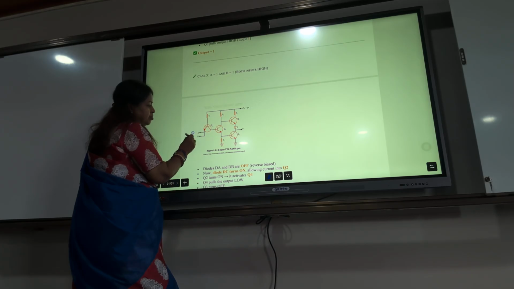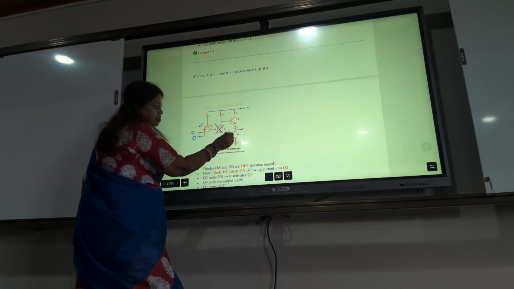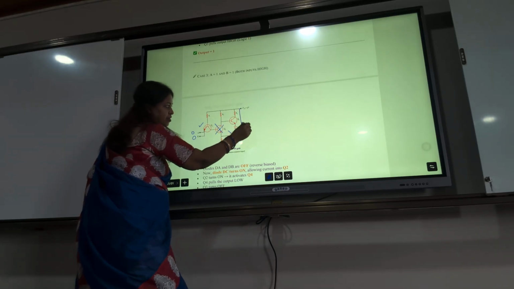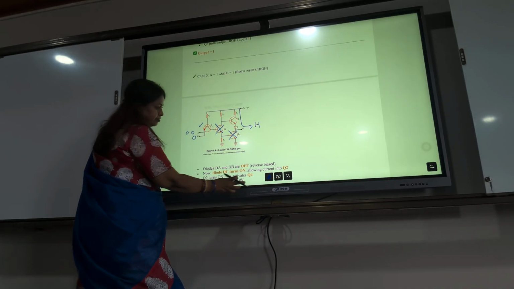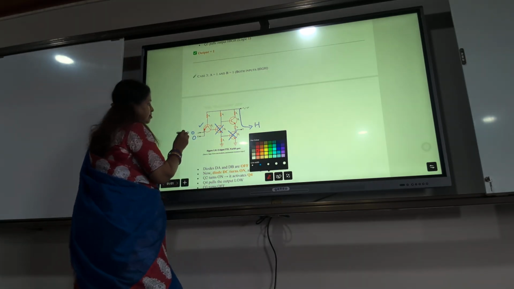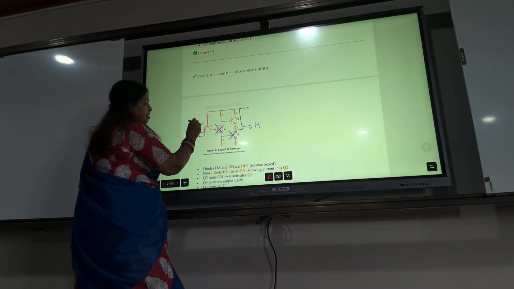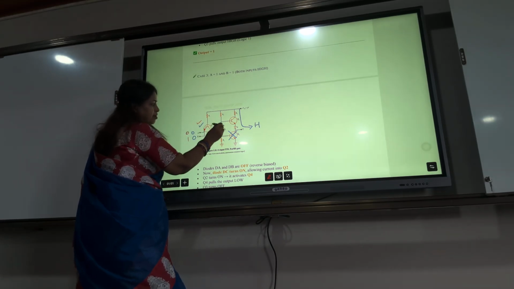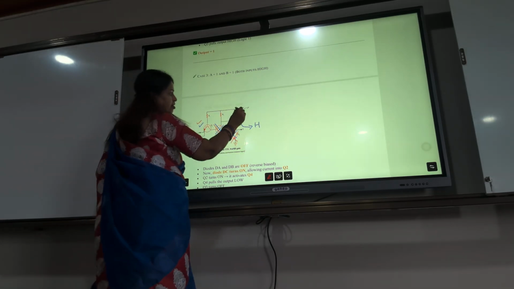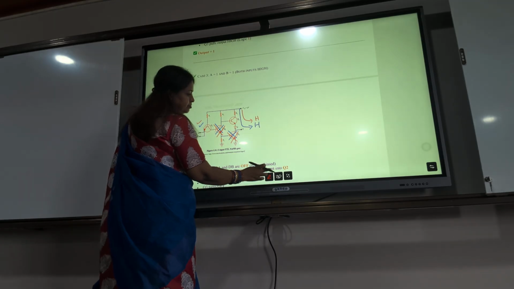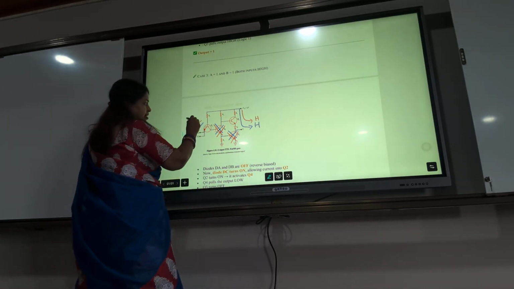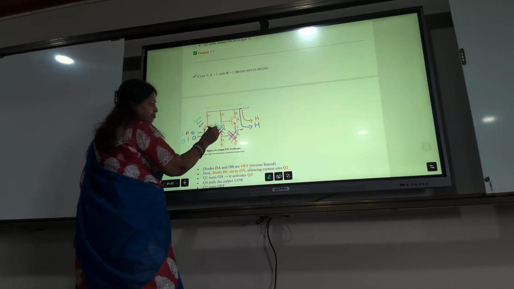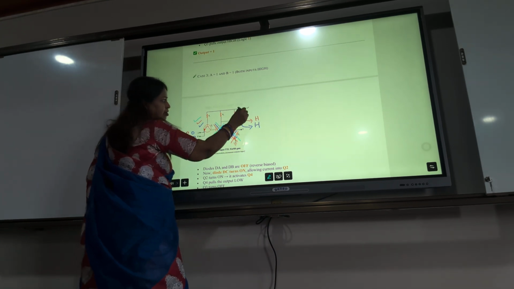When you have 0, 0, this will be on, this will be off, this will be off, so output will be high. When you have 0, 1, again this will be on, this will be off, this will be off, output will be high. When you have 1, 0, again the same, and you have output high.